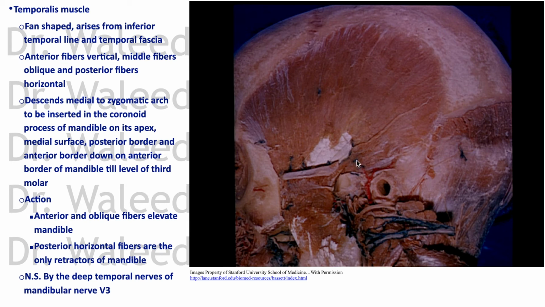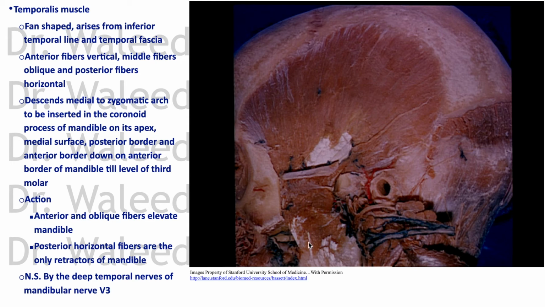Okay, now the muscle converges downwards onto the coronoid process, and actually it's important to know the way it attaches to the coronoid process. First of all, it's part of MCQ.